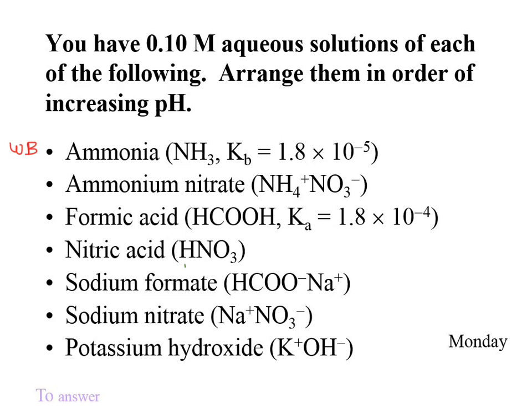Okay. Now, the next thing, we basically have a salt. This ammonium nitrate is a salt. We see it ionizing or dissolving into water, and it gives you ammonium, NH4 plus, and it gives you nitrate. Now, do you recognize that nitrate, to pick up a proton, NO3 negative, is going to become HNO3.